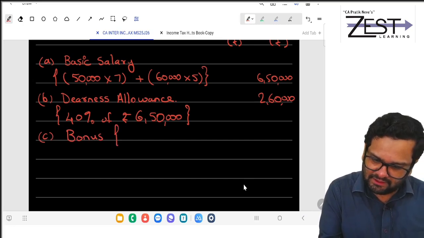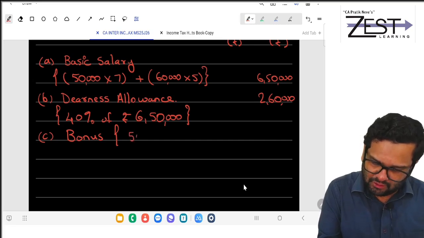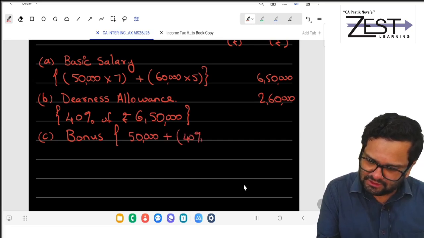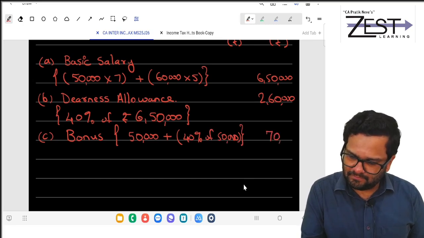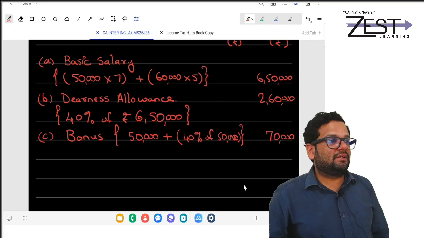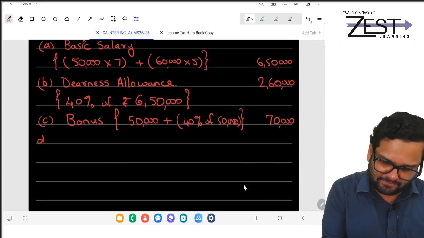So basically, it is 50,000 plus DA, which is 40% of 50,000. So what's your final figure? Check. Your final figure would be 70,000. What is next?